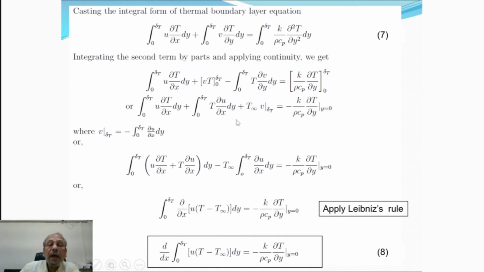And then again, as I said, here we did not substitute v at delta T. It is given by minus 0 to delta T del u del x dy.